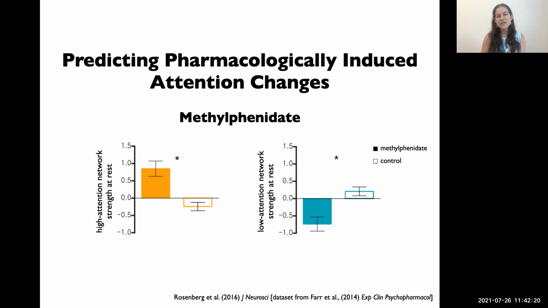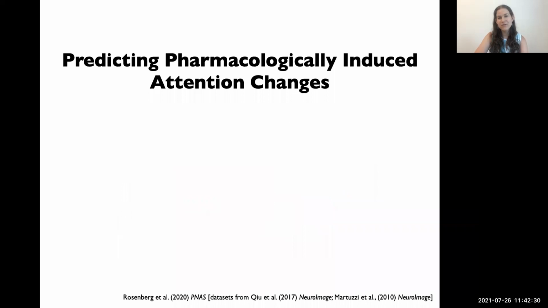And so in order to ask whether these networks are malleable within single individuals, in other words, whether they change with changes in attentional state in the same person, we looked at data from 2 other data sets collected by collaborators. And now in these data sets, individuals weren't given a pharmacological intervention that improved attentional state, but instead they were given a pharmacological intervention that had the opposite effect. And so these were anesthetic agents.